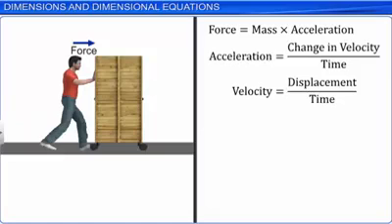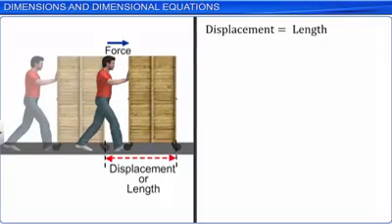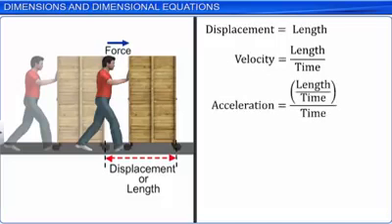Displacement, in basic terms, is length. Thus, velocity can be expressed as the ratio of length to time. Using the same logic, we can write acceleration as length by time divided by time. Thus, the expression for the quantity force can be simplified as shown.